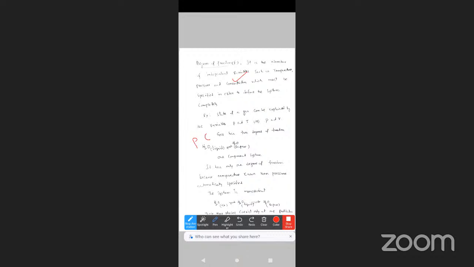Phase, component, degrees of freedom. Frequently we come across this terminology in phase rule. Take H2O, which is in liquid state, in equilibrium with the vapor, that is water vapor. In both these phases, the water composition remains as it is, H2O.